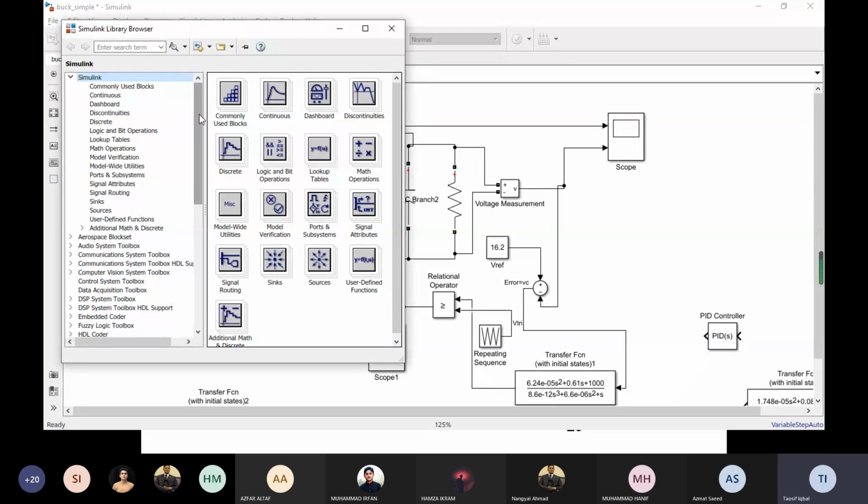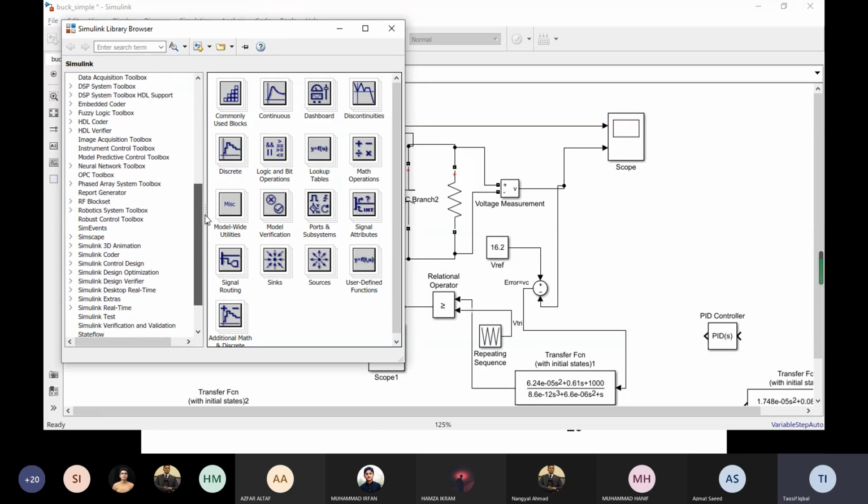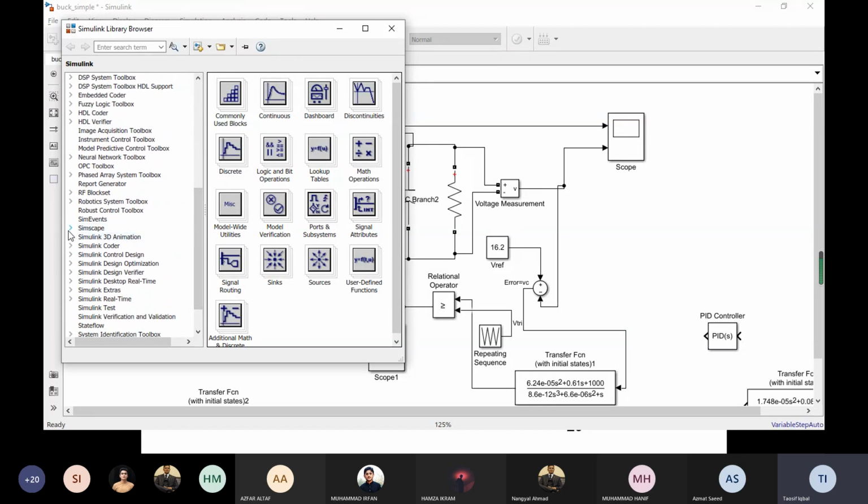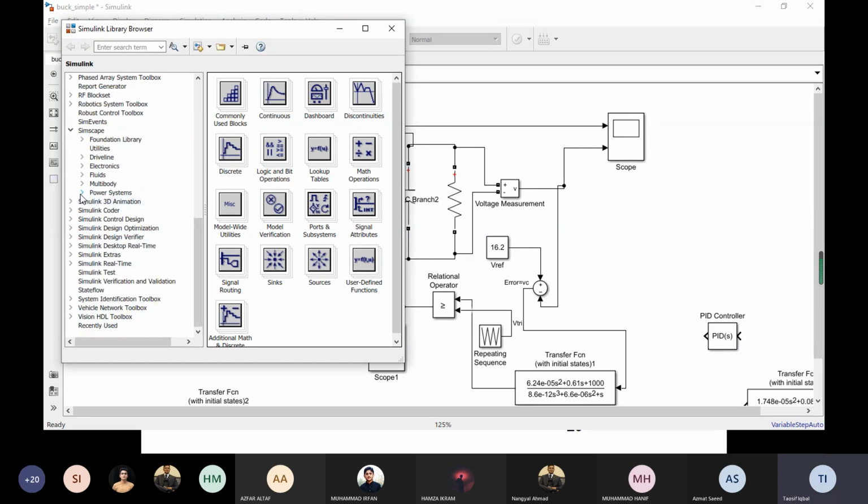So this is the library, and in this we will go to Simscape, power system, and in this we have specialized technology, fundamental blocks.